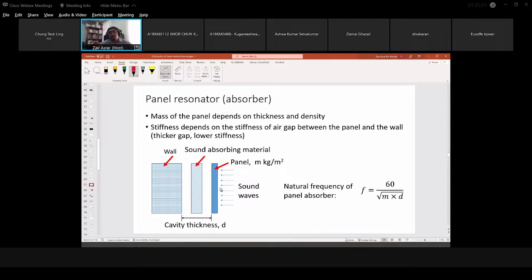So for example, if you have a panel with a certain mass density per area, the natural frequency of this panel absorber will be equal to 60 divided by the square root of m, the panel mass, times the cavity thickness T.